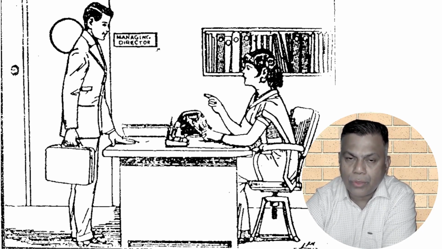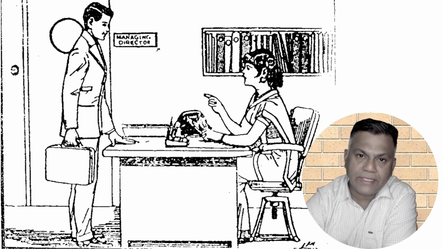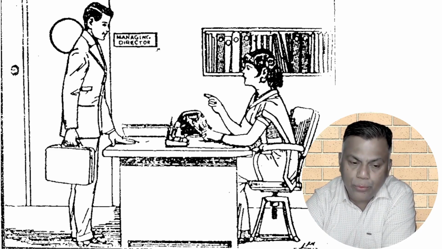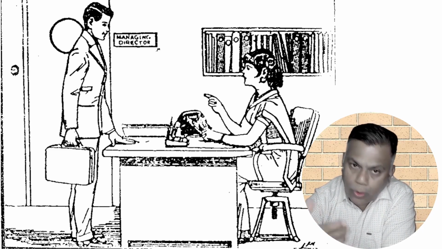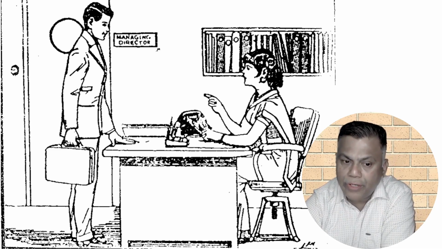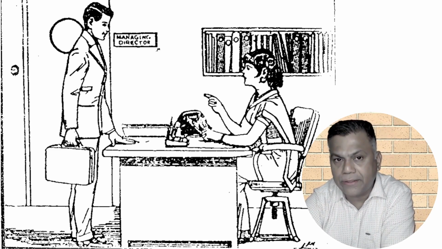So the most likely thing is the managing director is already inside the room and this person has probably come and already has an appointment or is seeking an appointment to go and meet the managing director.